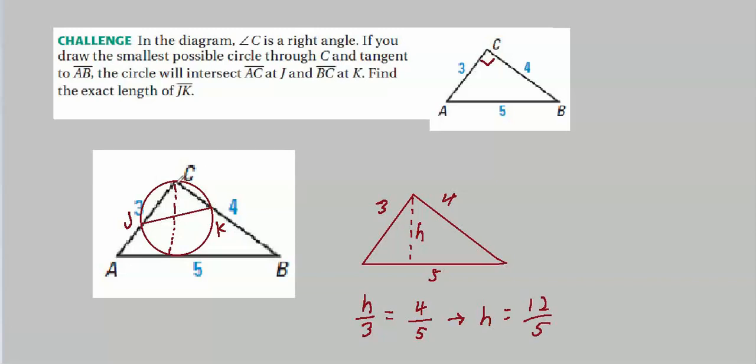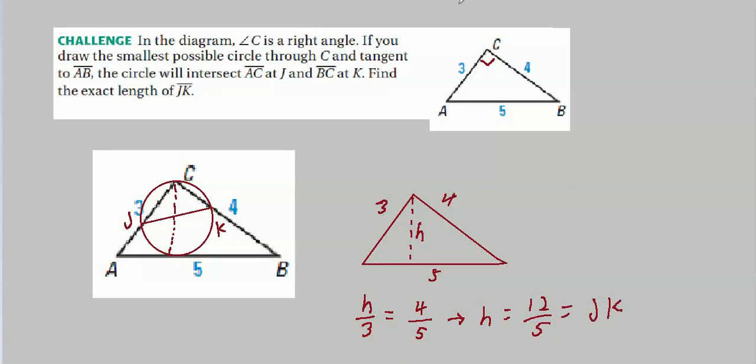But analytically, the diameter of the smallest circle has to be the same as the perpendicular distance from AB to C, which is the same as the altitude. Any diameter is the same as any other diameter, so that is also the length of segment JK.